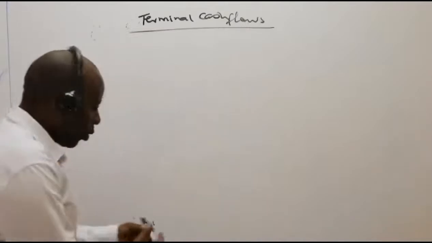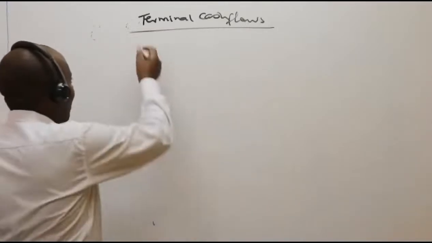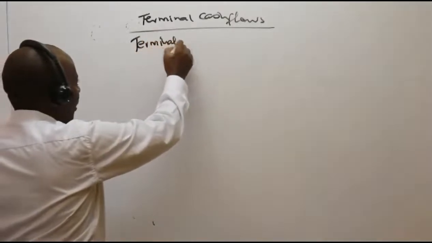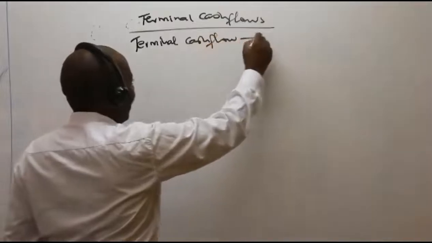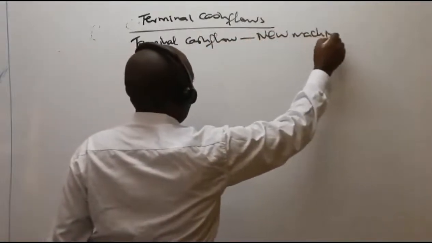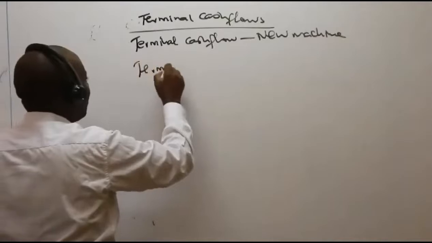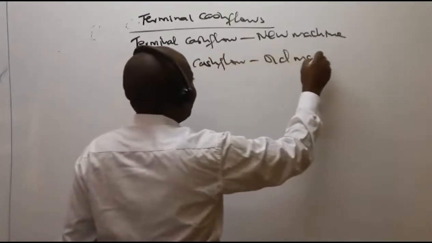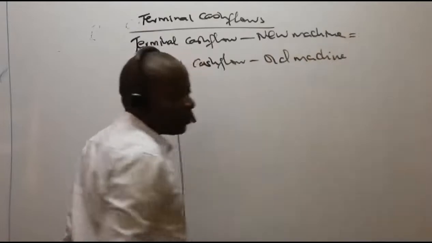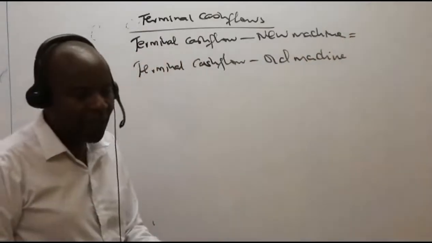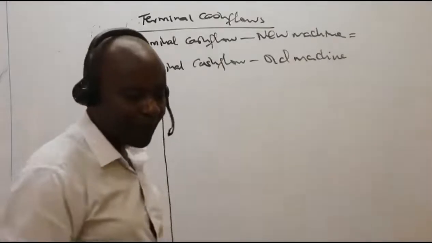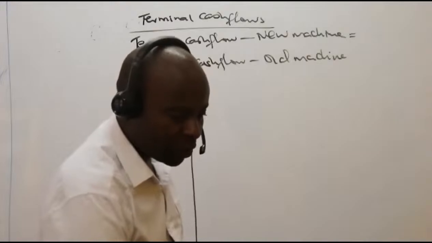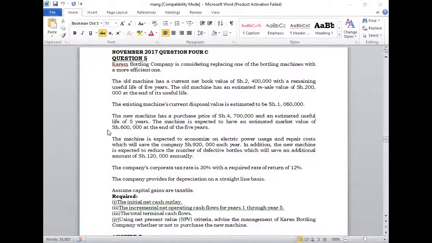So terminal cash flows will pick the terminal cash flow of the new machine, and then we have the terminal cash flow of the old machine. Has the examiner given us the terminal scrap value of the new machine?